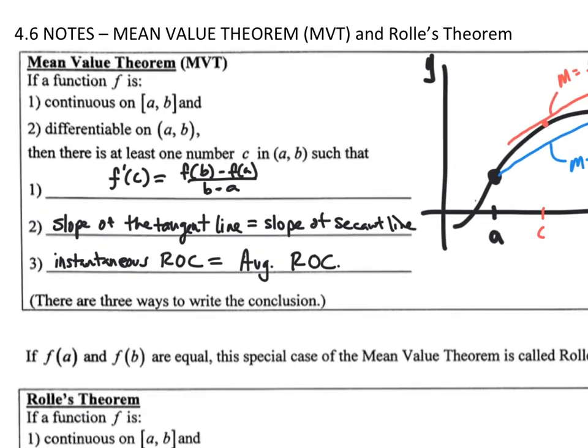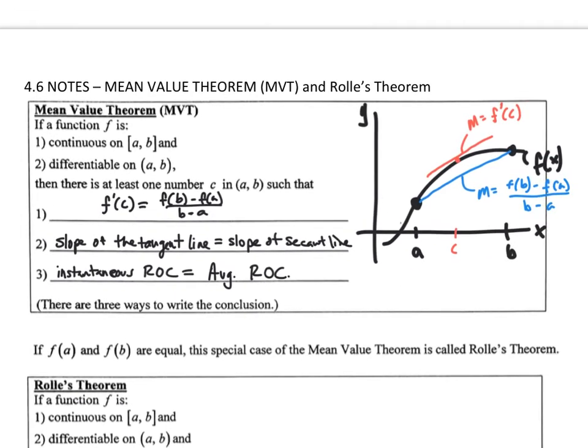So if we are continuous on a closed interval and we're differentiable on the open interval, then we are guaranteed to have at least one number c in that interval where the slope of the secant line is equal to the slope of the tangent line. So where these two things are equal.